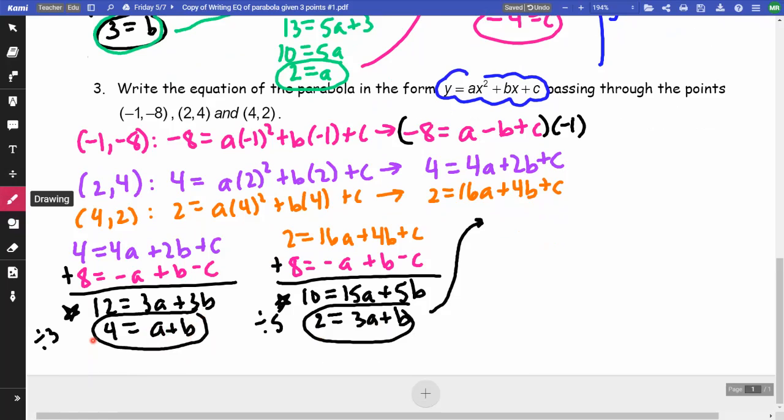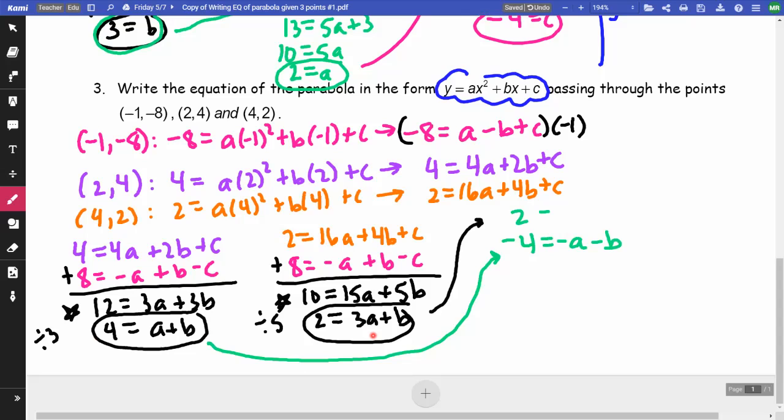I'm going to rewrite this one as -4 is equal to -a minus b. And then the other one I kept as is, so that became 2 equal 3a plus b.